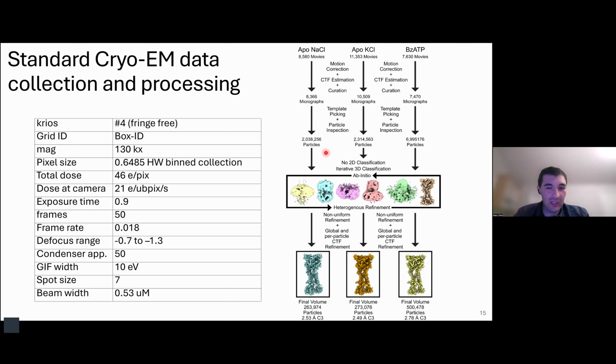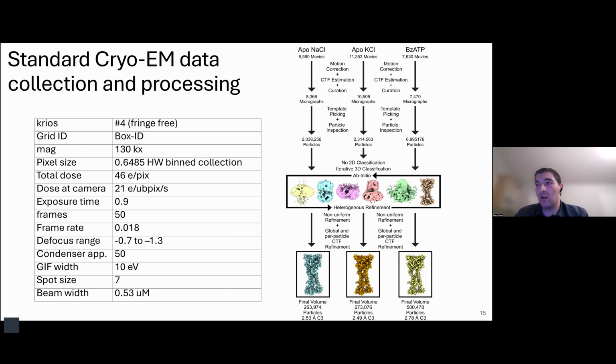One interesting thing about our processing pipeline is that we skip 2D classification and move directly into iterative 3D classification, where we iterate between ab initio reconstructions and heterogeneous refinements in CryoSPARC. And once we iterate this a few times, we move on to a final non-uniform refinement using all of the CTF refinements, as well as CryoSPARC's reference-based motion correction.